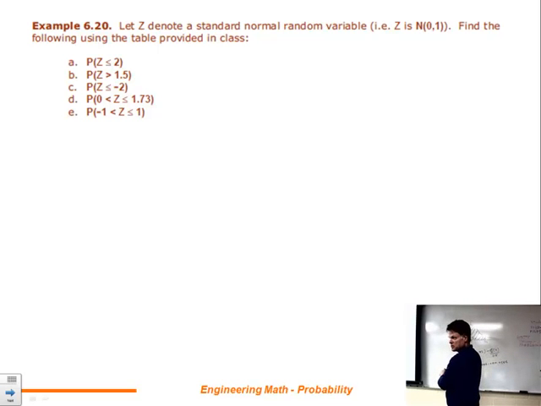So another way you could do it is you could take 1 minus phi of minus 1. You do it that way as well, and then just convert this back.